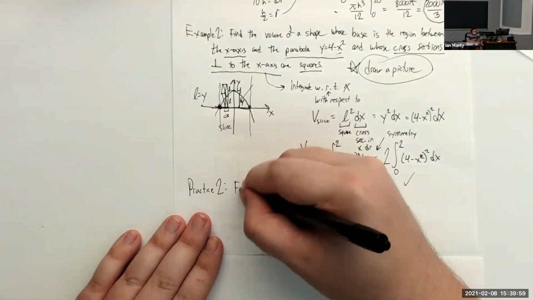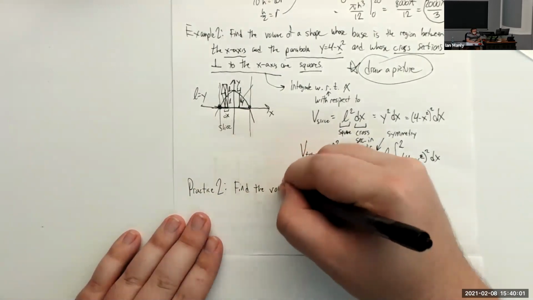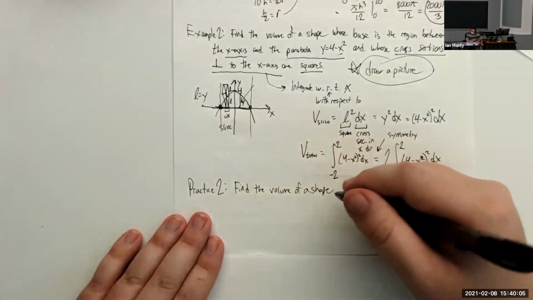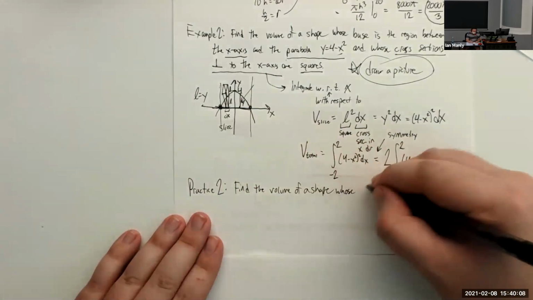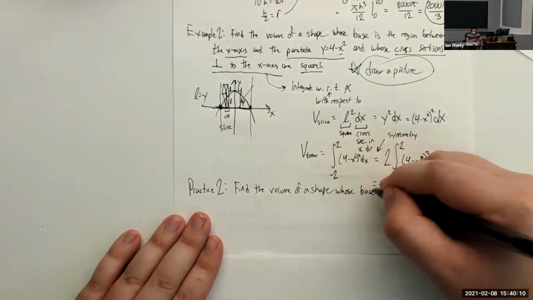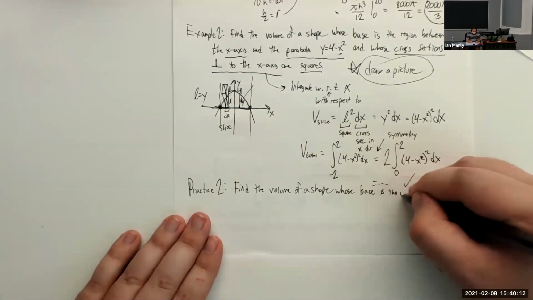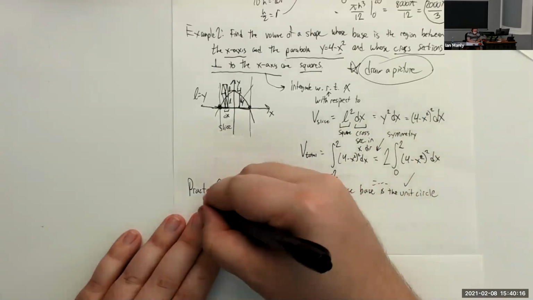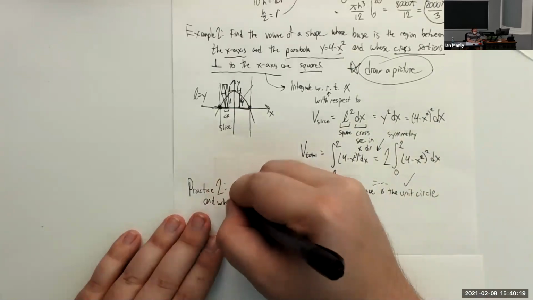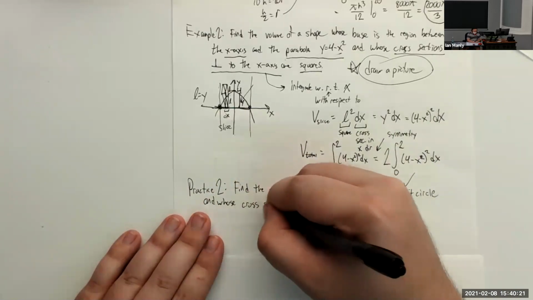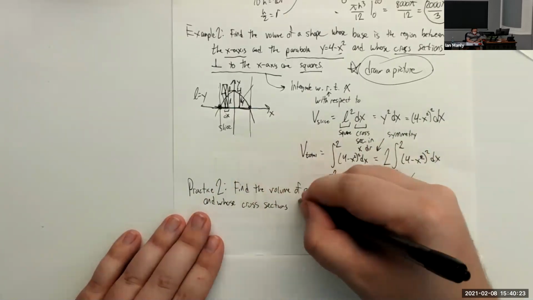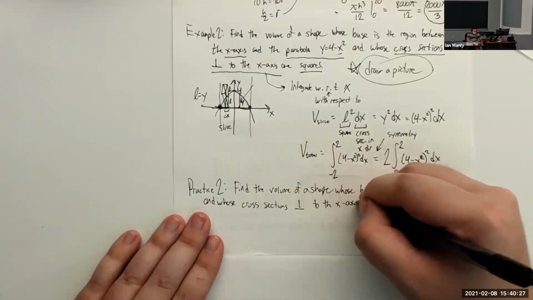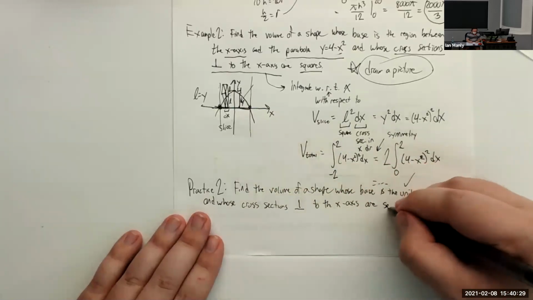Find the volume of a shape whose base is the unit circle and whose cross sections perpendicular to the x-axis are semicircles.